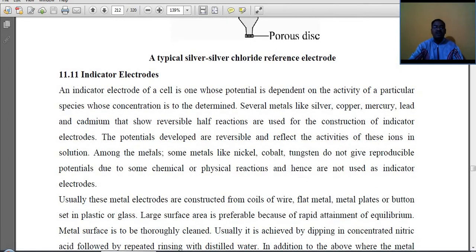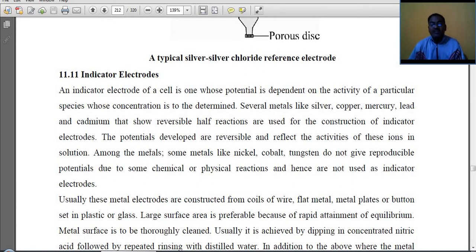What are indicator electrodes? The indicator electrode of a cell is one whose potential is dependent on the activity of a particular species whose concentration is to be determined. Several metals like silver, copper, mercury, lead and cadmium that show reversible half reactions are used for the construction of indicator electrodes.